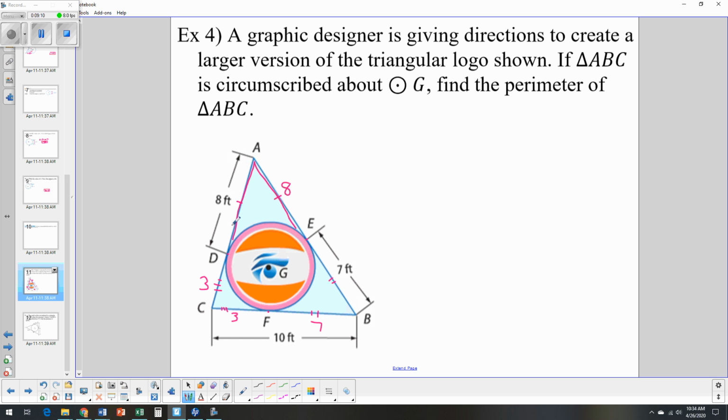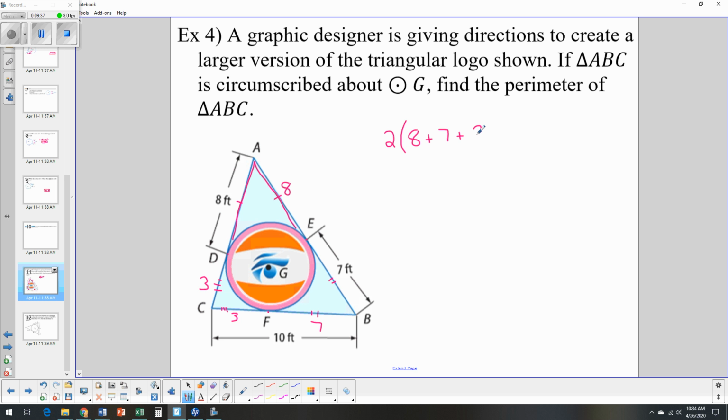So we have every single chunk that we know on the whole figure, so we can now find the perimeter of triangle ABC. We could either add up every single individual piece, or sometimes what I do is, since I know there's 2 of every piece, I'll do 2 times the sum of the sets. So we have an 8, we have a 7, and we have a 3.